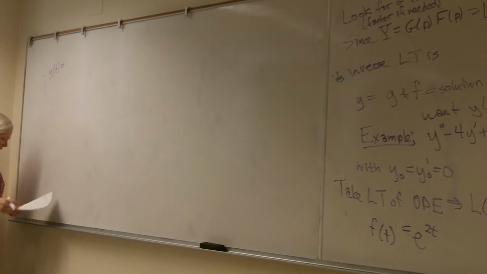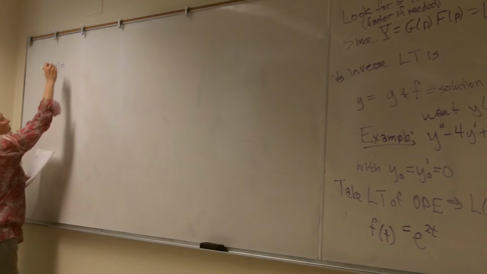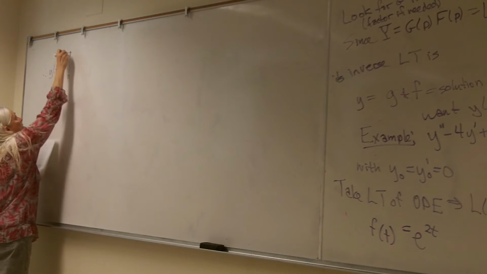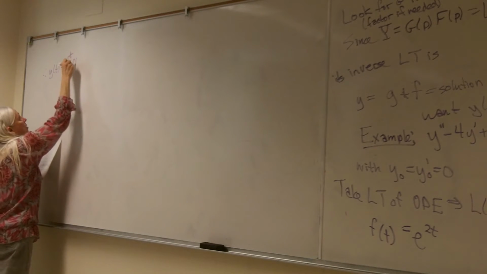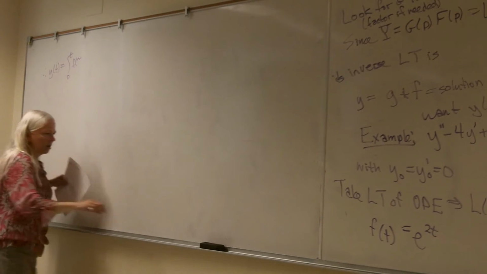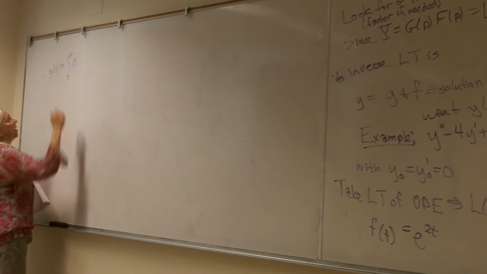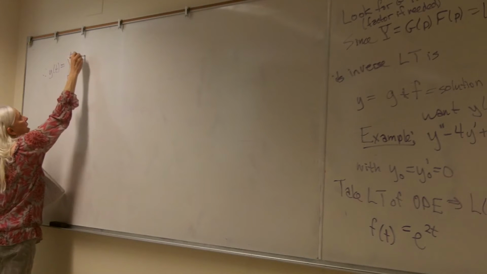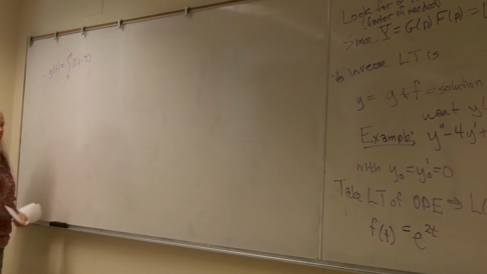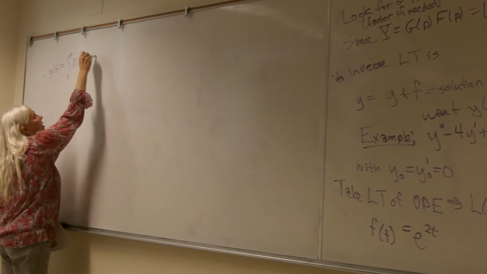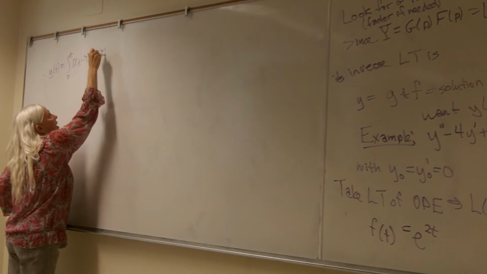So that means our y of t is going to be equal to the integral from 0 to t of f of t minus tau, that's our simpler function, so that's what we're going to put the t minus tau argument in, times g of tau d tau.